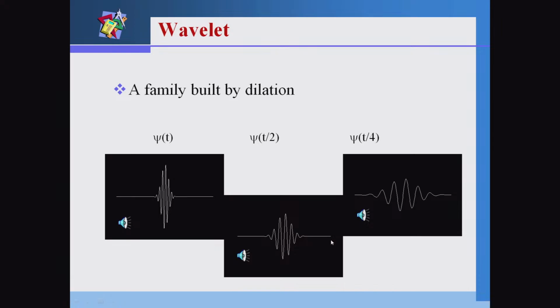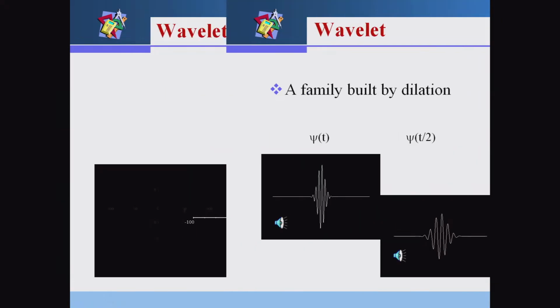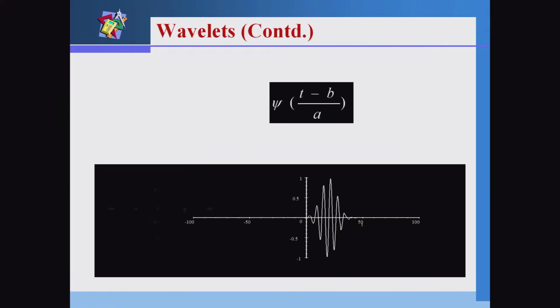If you want to dilate, simply replace t by t by 2, t by 4. And if you want to translate, you replace that t by t minus b. So psi of t minus 20, t minus 40.